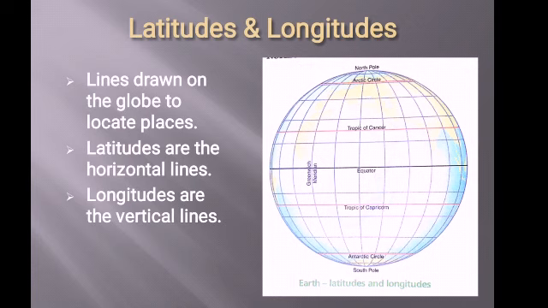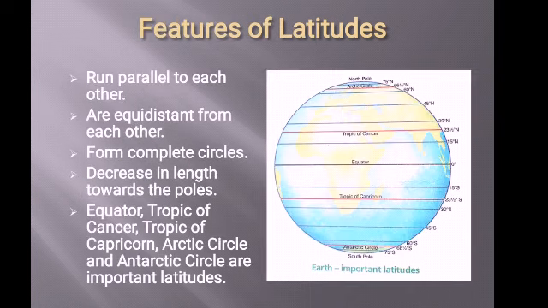Latitudes and longitudes. The lines drawn on the globe to locate the places are known as the latitudes and the longitudes. All the sleeping lines which are horizontal are the latitudes and all the vertical lines, that is the standing lines, are the longitudes. Features of latitudes.